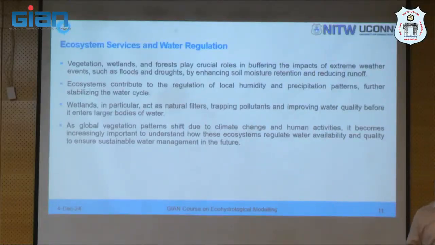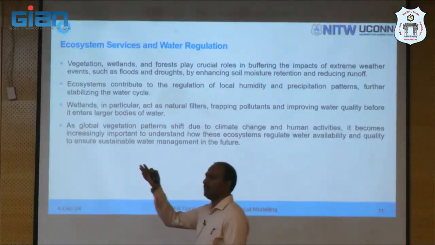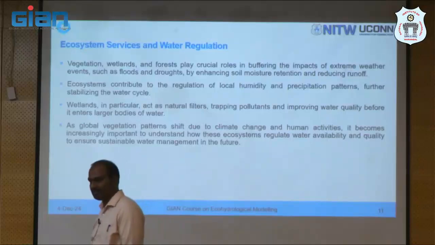Many of your water bodies downstream, we say lakes are drying up. Why is urban expansion happening in the lakes? We say that lakes are drying up, so you can use the land. But lakes are also probably drying up because we are cutting their feeder channels.